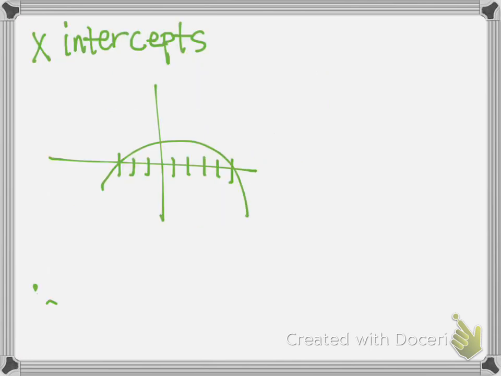This graph shows x-intercepts. The x-intercepts on this graph, this one is -3, 0, and this x-intercept would be 5, 0.